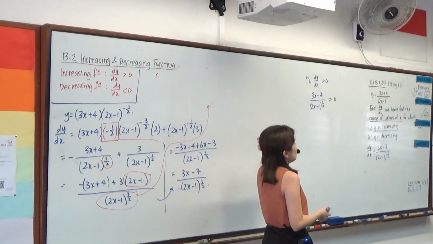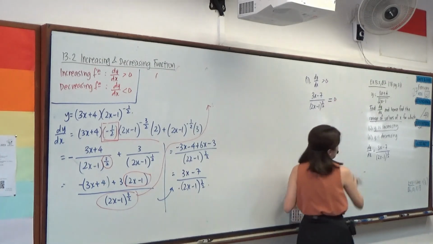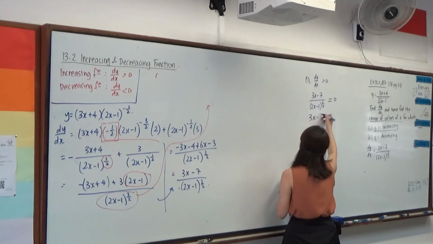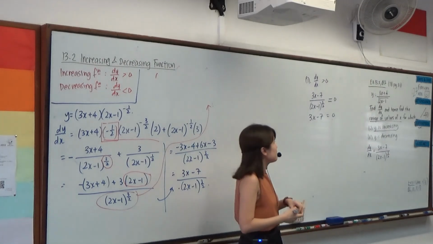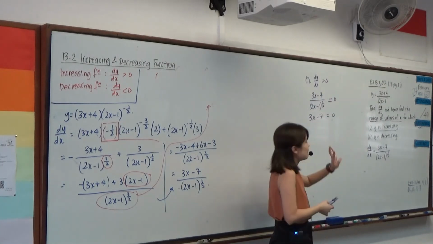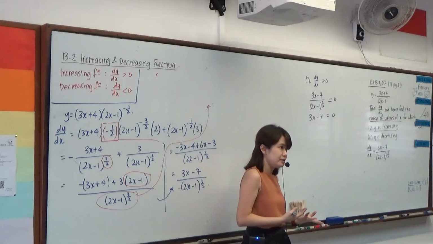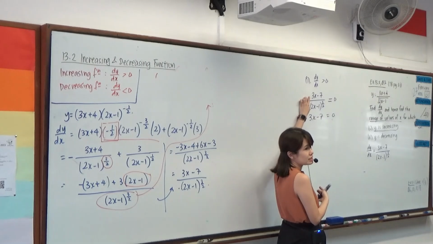When it comes to an equation, I can happily say that 3x minus 7 equals 0, because I can so-called multiply this to the right hand side and then I have 3x minus 7 equals to 0. But logically speaking, why is it that only the numerator can be equal to 0?